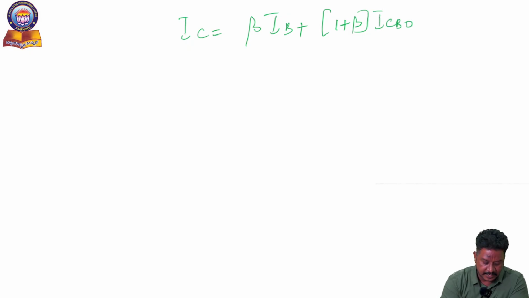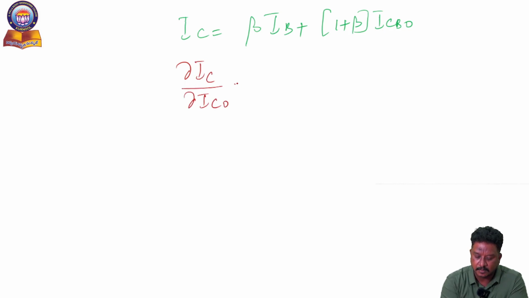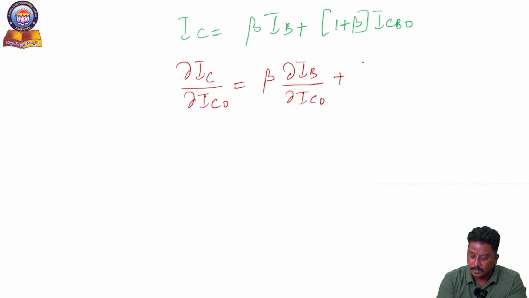Now once again I am differentiating both sides with respect to ICO: beta into the change of base current with respect to ICO, plus 1 plus beta into the change of ICBO with respect to ICO.